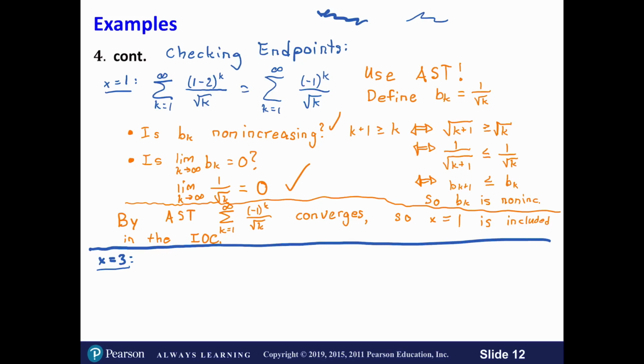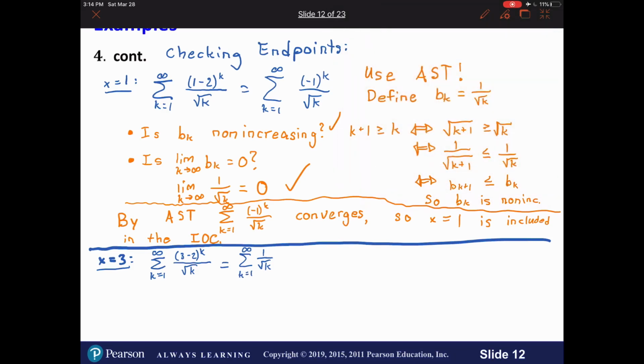Alright, so we have the sum from k equals 1 to infinity of 3 minus 2 to the k, all over square root k. 3 minus 2 is 1, and then 1 to the k is just 1. So we can rewrite this as the sum from k equals 1 to infinity of 1 over root k. Alright, let me ask you guys, does this thing converge or diverge?